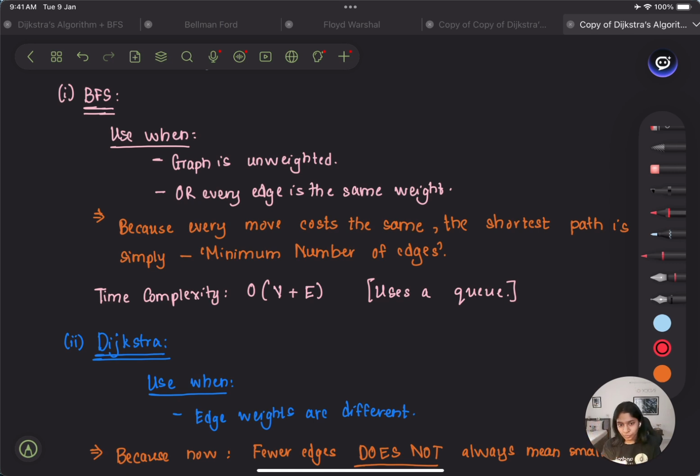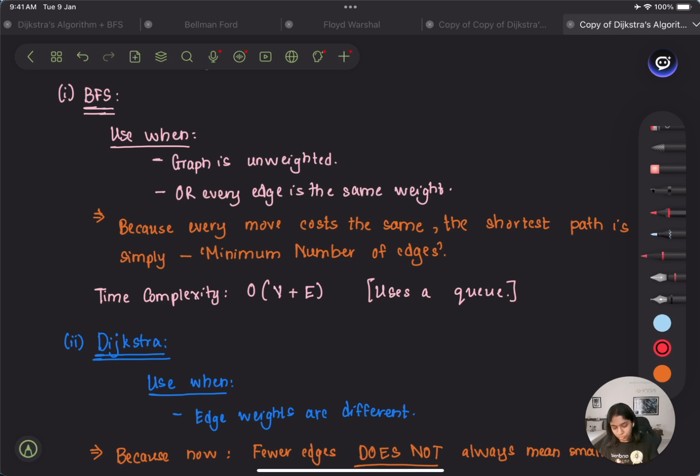Use BFS when the graph is unweighted, or it could also be a weighted graph, but all the weights are the same. If all the edges have the same cost, then you can still use BFS. Why does it work in that case? Because every move costs the same. If I want to go from one place to another, it's like asking what is the smallest number of edges I can cover to get to that place.